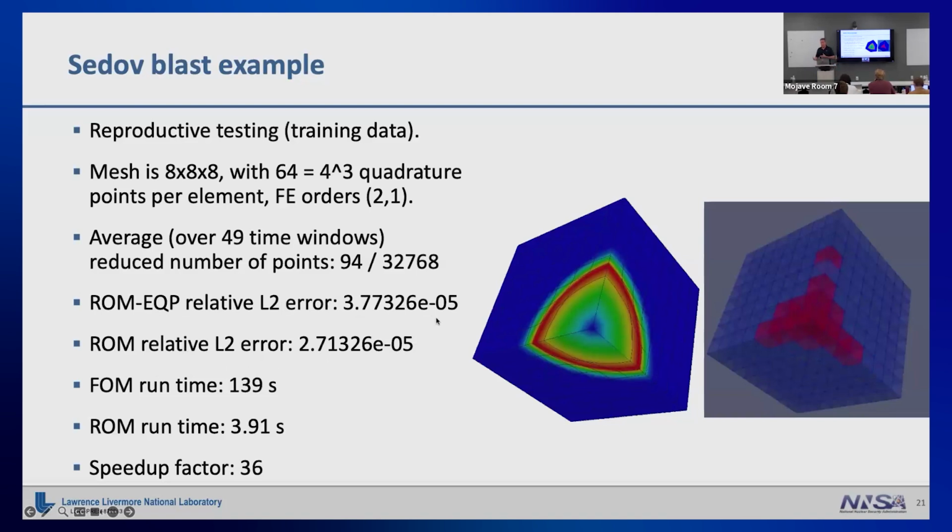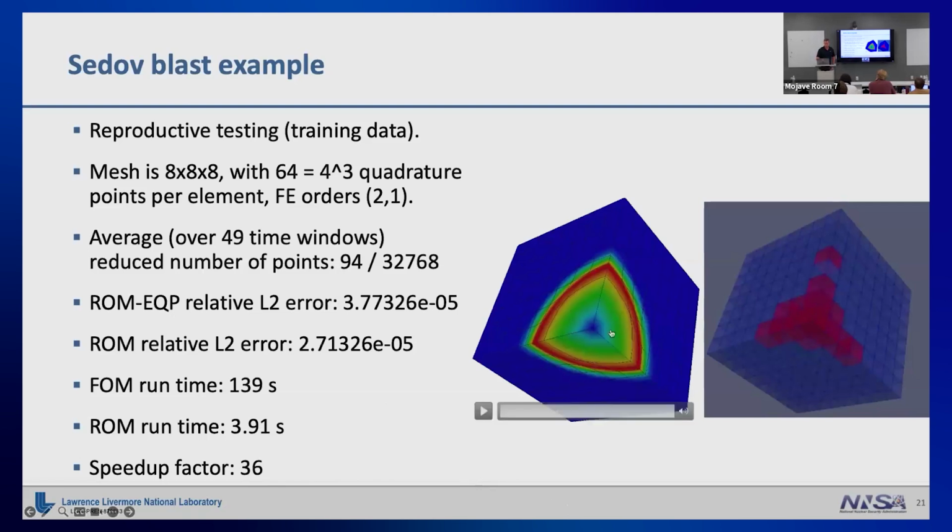This is a reproductive test on the same simulation that we trained on, but we also have predictive tests with good results. I'm not showing those here in the interest of time, but this demonstrates that you still get good accuracy with that sparse reduced rule, and the speedup is pretty good, 36 times here.